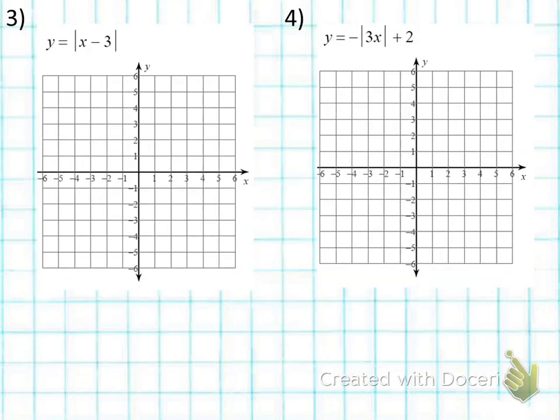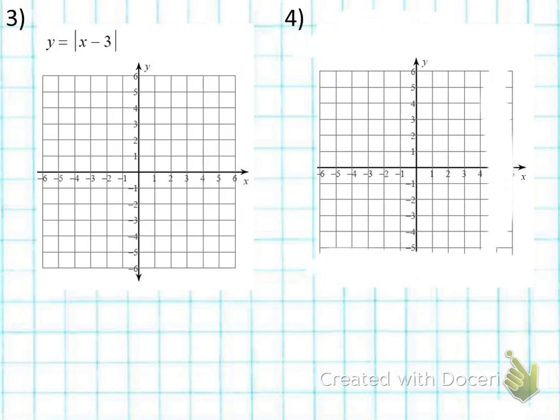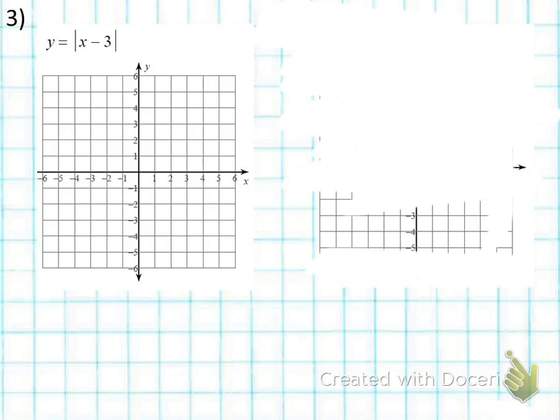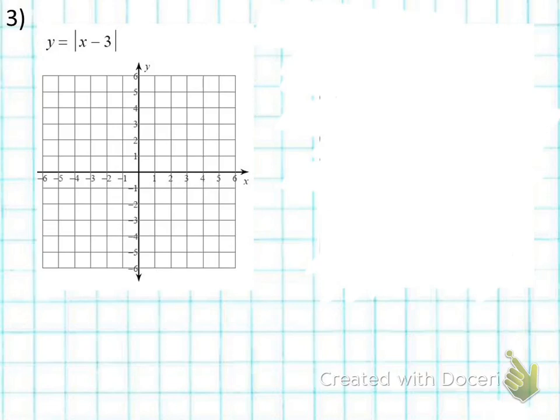So number 3, I want you to tell your neighbors what M, B, and C are. Okay, M, B, and C. What's M, everyone? 1. Good. B? -3.